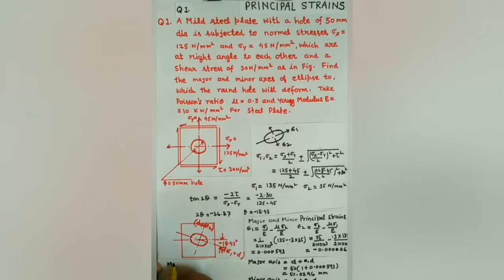Similarly, the minor axis will be equal to D plus epsilon 2 D, that will be equal to 50 times 1 minus 0.000026, which gives a value of 49.9987 mm.